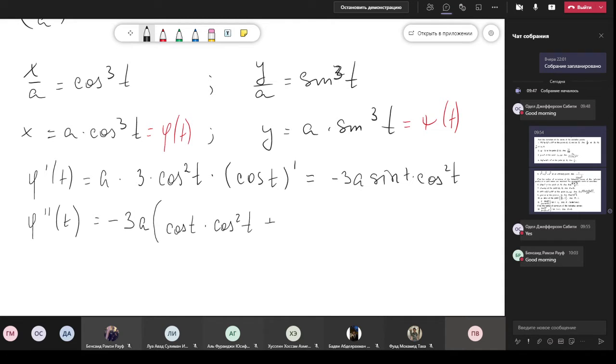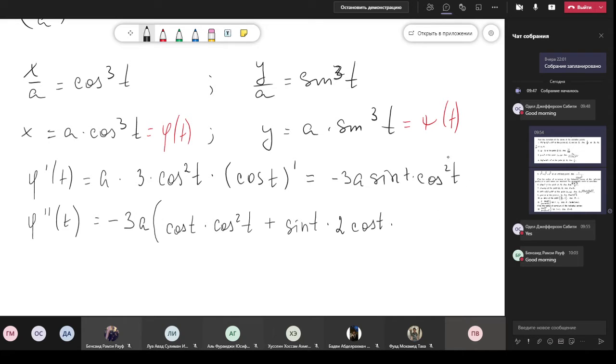Then plus the first part, sine of t, times the derivative of the second term, the derivative of cosine squared: 2 times the function with power 1, multiplied by the derivative of our argument.